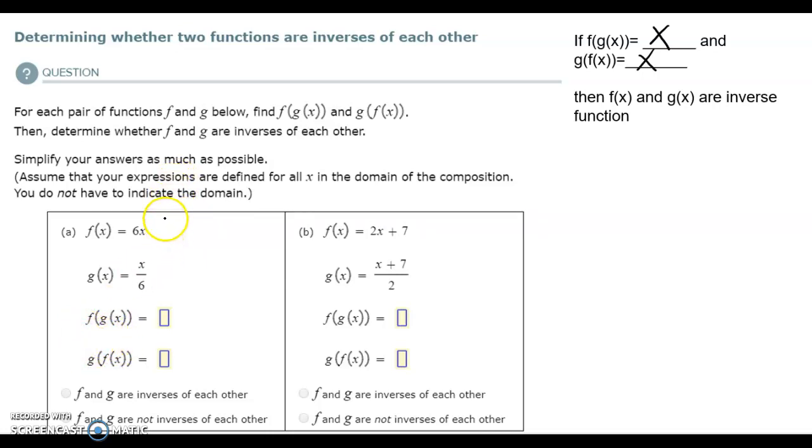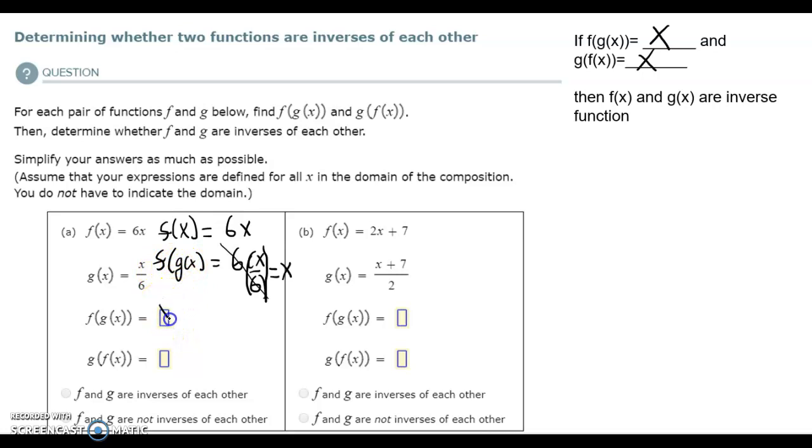So let's start with our f function, just 6x. Everywhere I see an x, it's asking me to place this g function. So this would simplify to x because those would cancel out.